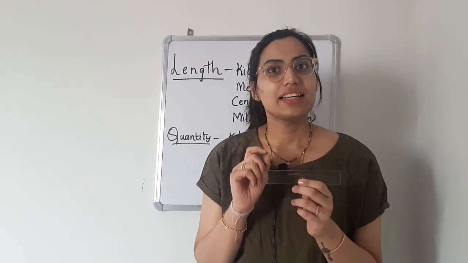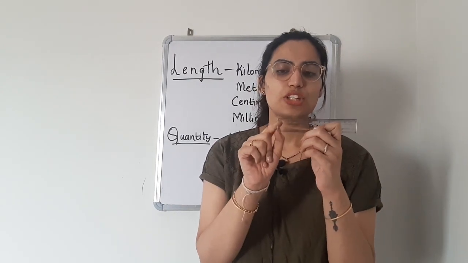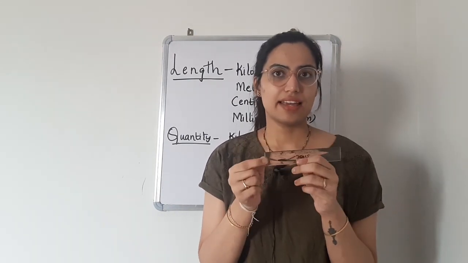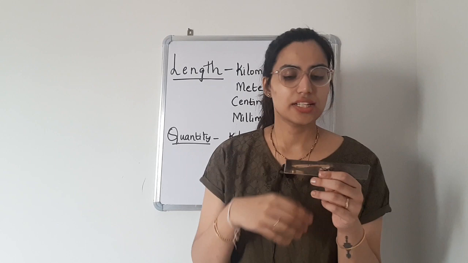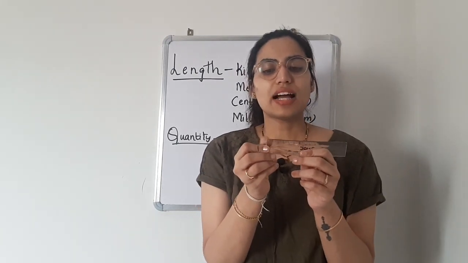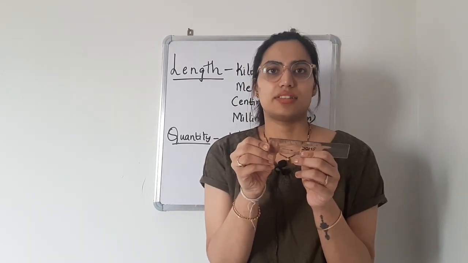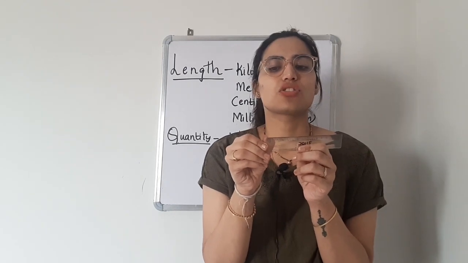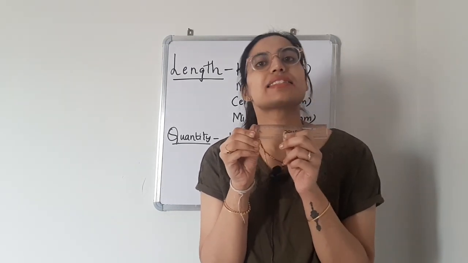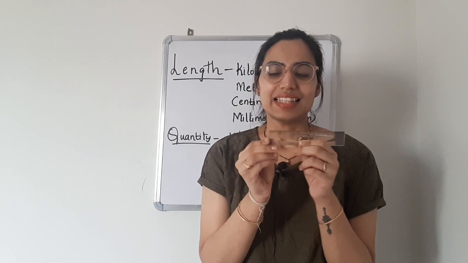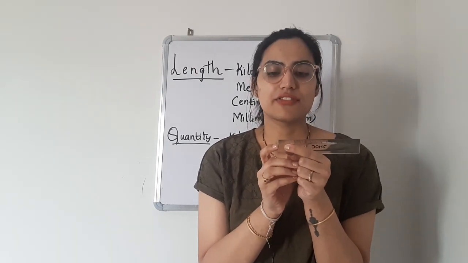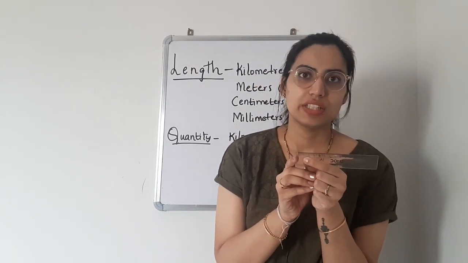Now what exactly is a millimeter? If you can see the scale, I'm not sure if you can see it clearly, but every short line between 0 and 1 is 1 millimeter. That is, 1 centimeter will have 10 short lines in between.